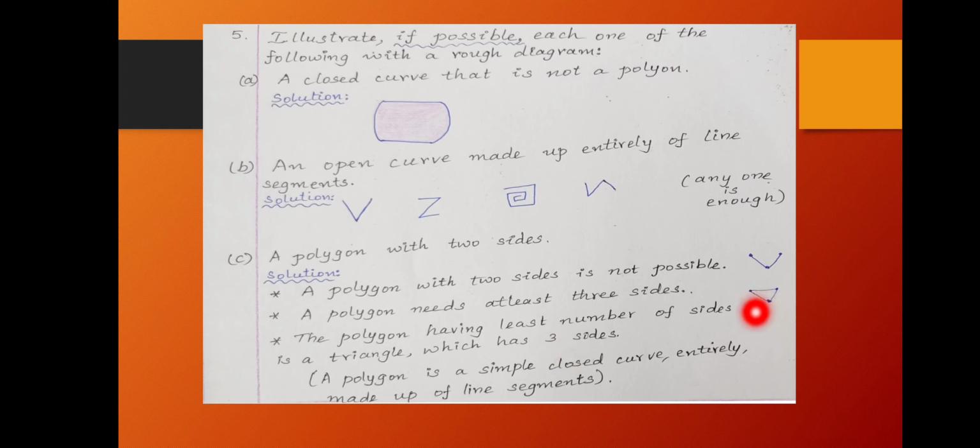With only two sides, you cannot get a closed curve. You can get a curve made up of line segments, but you cannot get a simple closed curve. So a polygon is a simple closed curve entirely made up of line segments. So we need at least three sides to get a polygon. Okay.